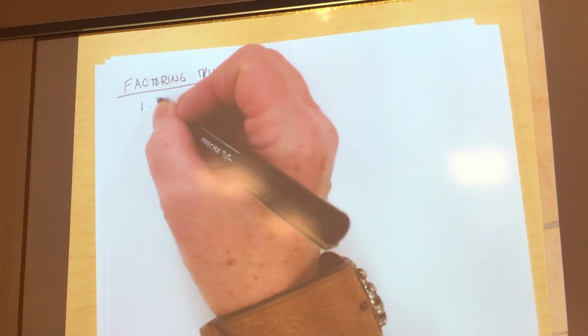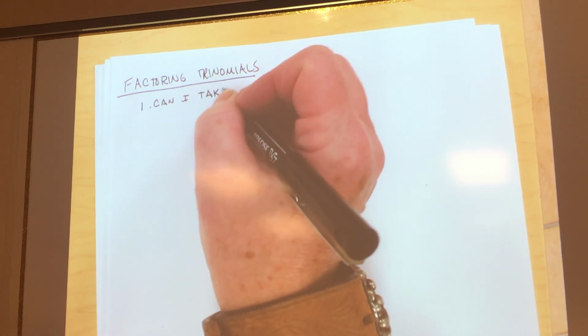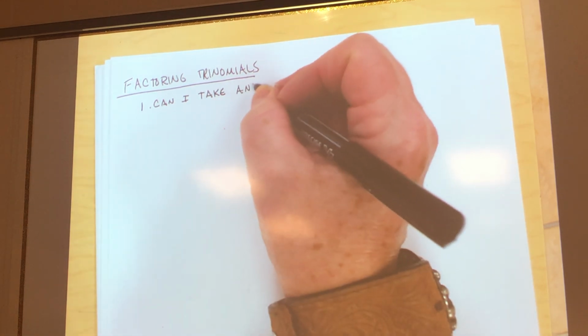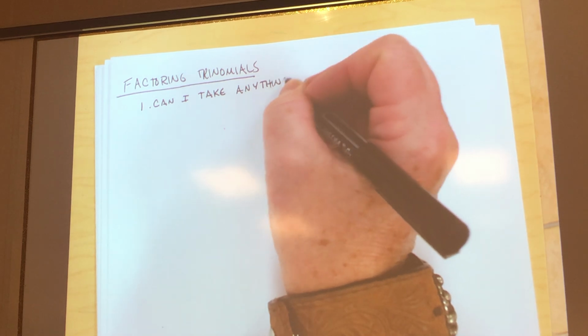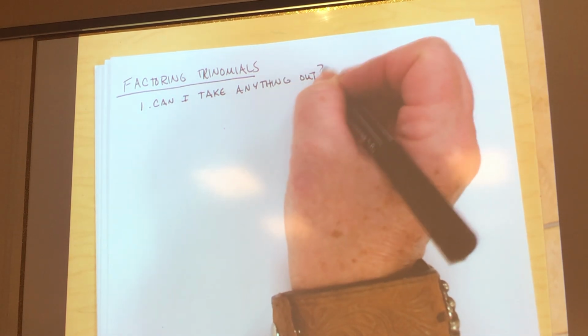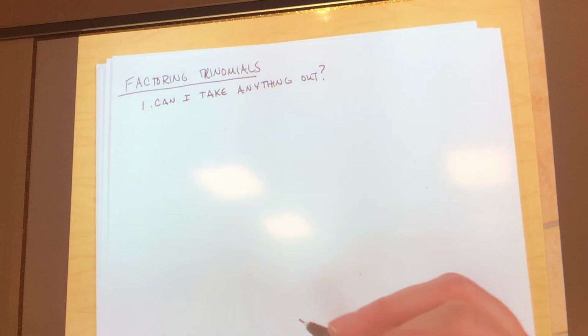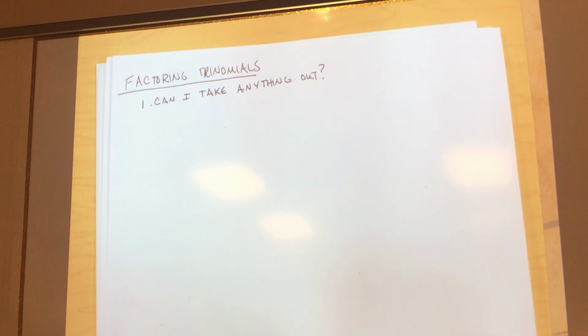Number 1, ask yourself, can I take anything out? Can I factor something out of this trinomial that will make it easier for me to factor it? Or in some cases, it will make it where I can factor it. Some cases it'll make it easier and some it just makes it factorable.